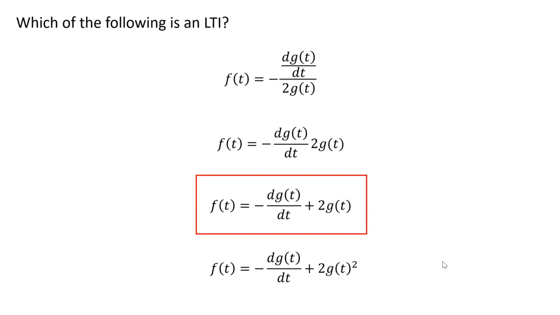You can have derivatives and integrals of different functions, signals, which are time series functions. You can multiply them by coefficients, but you can't multiply signals together inside the LTI.